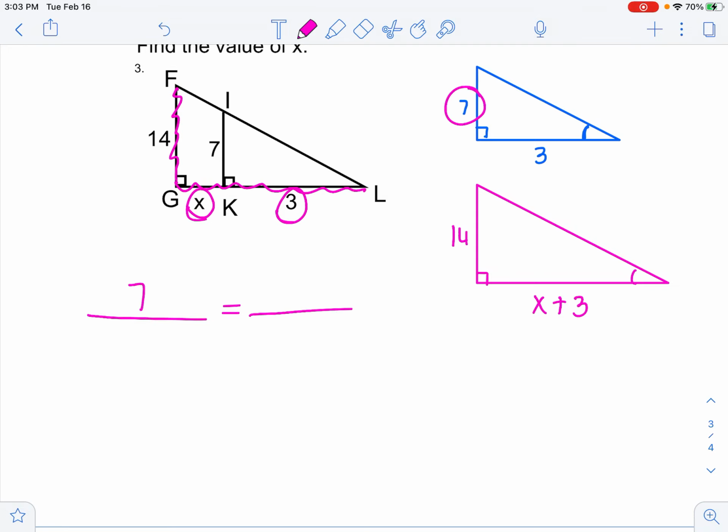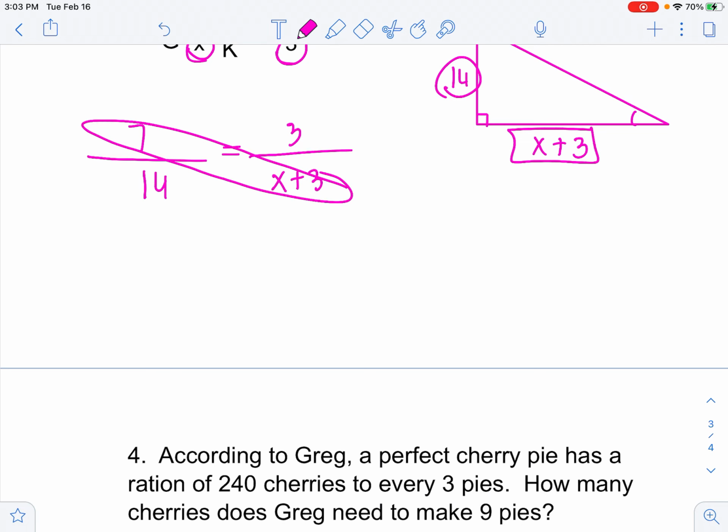All right, my proportion. So I'll start by picking this 7. I could have picked the 3. I could have started with the 14 or the x plus 3, but the smaller triangle, I drew it up above, so that's what I like to start with. So 7 corresponds with 14, and then 3 with x plus 3.